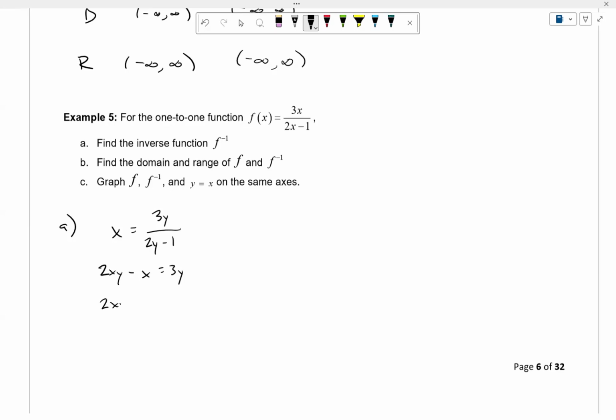I appreciate your efficiency there. Nice. Factor out y. So then it'd be 2x minus 3 is equal to x, and then divide by 2x minus 3 to the right. So then the inverse of f of x is equal to x over 2x minus 3.